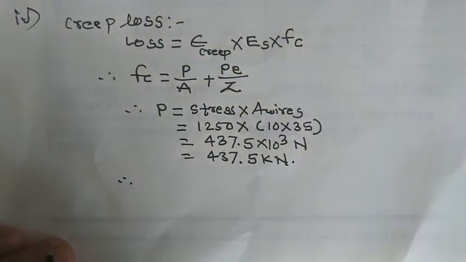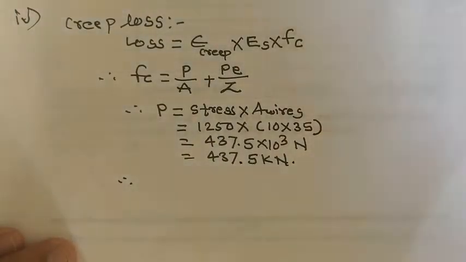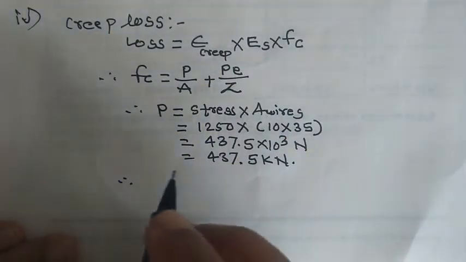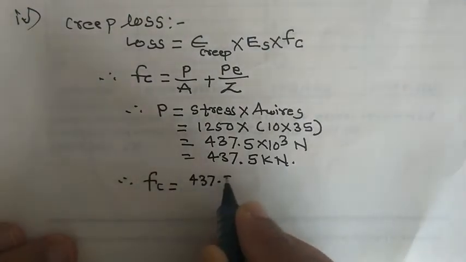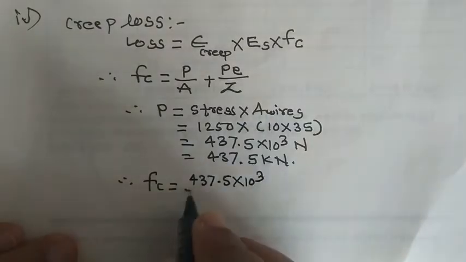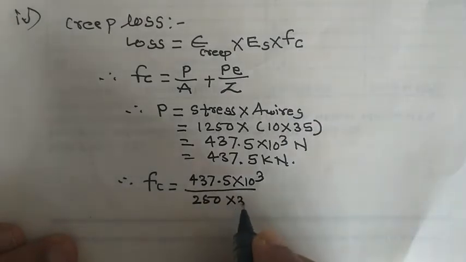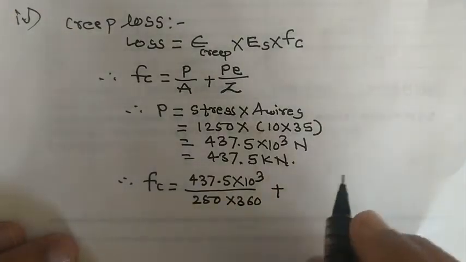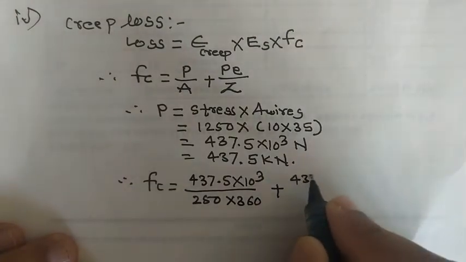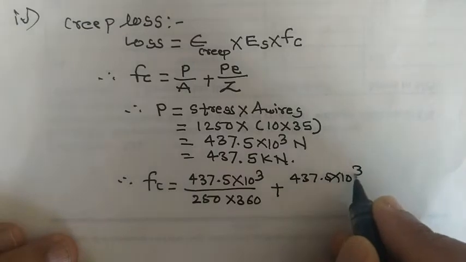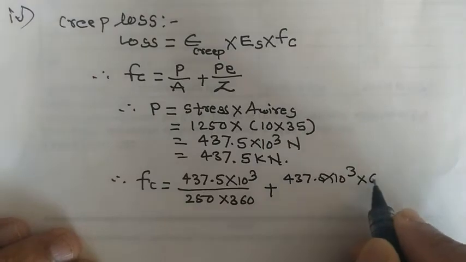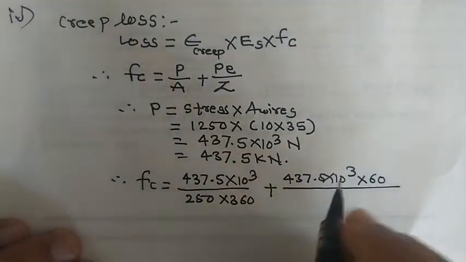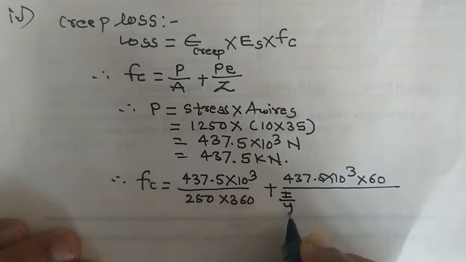So let us calculate the fc. There is no need to find out the fc average because the cable is a straight cable. So fc is equal to pre-stressing force 437.5 into 10 raised to 3 divided by cross-sectional area of the beam, 250 into 360, plus 437.5 into 10 raised to 3 multiplied by the eccentricity of the tendon, 60 mm, divided by Z, which is nothing but I by y.